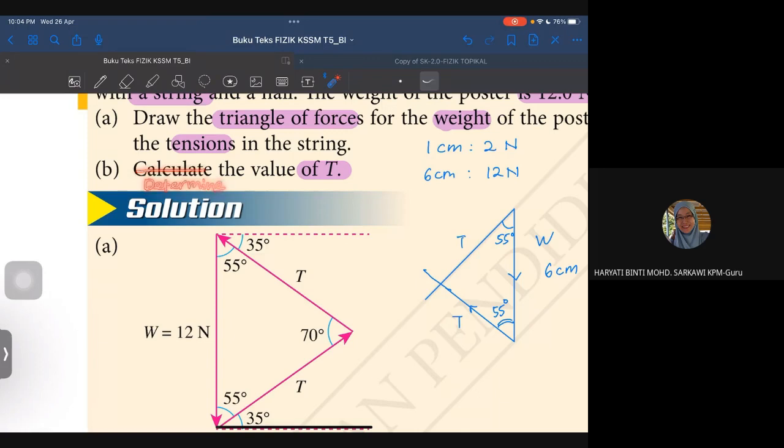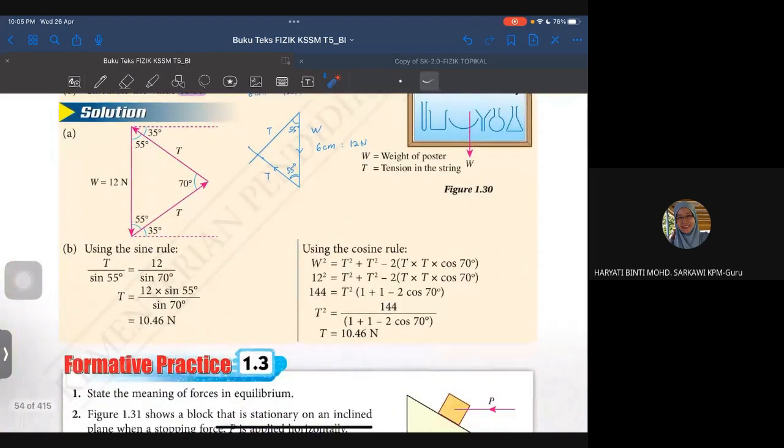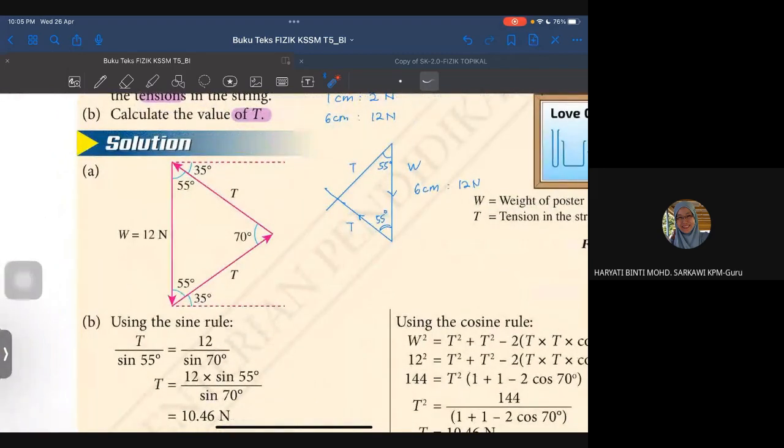Or you can use another method, which is by using calculation. Since we already have a triangle, and you already have your knowledge of the sine or cosine rule, if the question asks you to calculate, you can use your mathematics skill to determine the value of T. Because the triangle now has the angle, you can use either this method or this method. Both will be accepted.